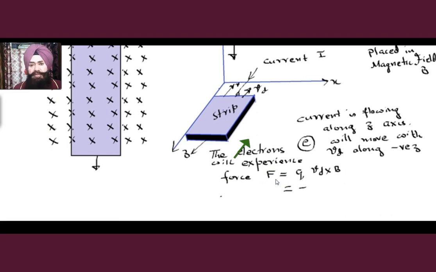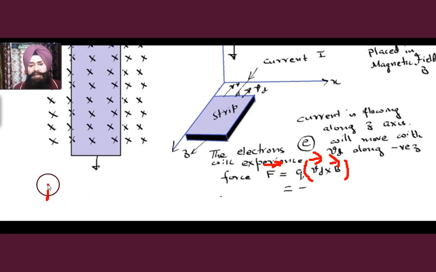And what is the formula for the force exerted on the electron? This is a vector quantity, force. Q means the electronic charge, which is minus e, then Vd vector cross B vector.